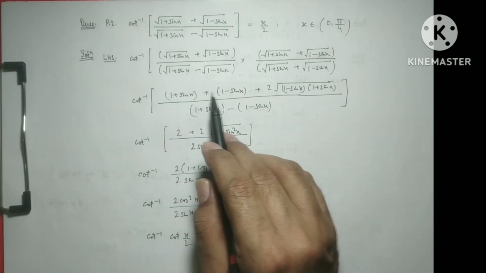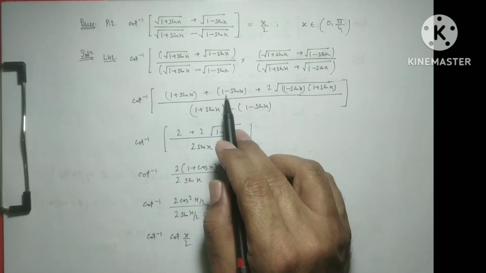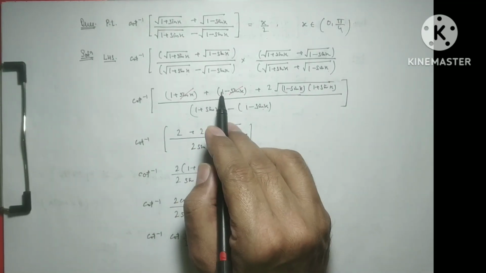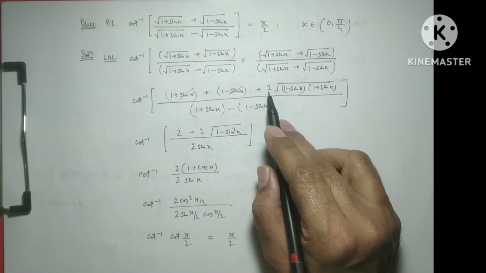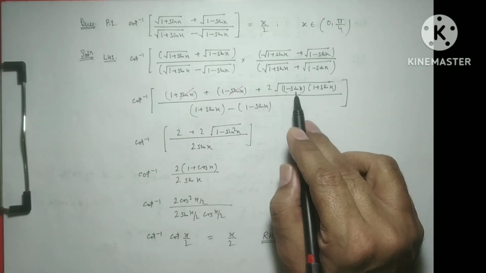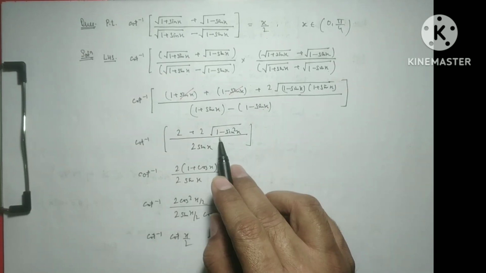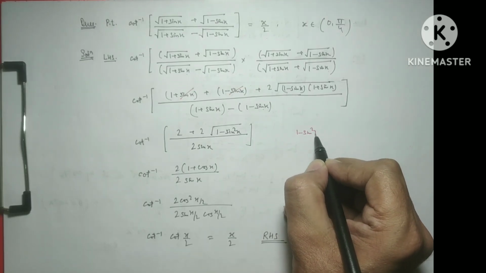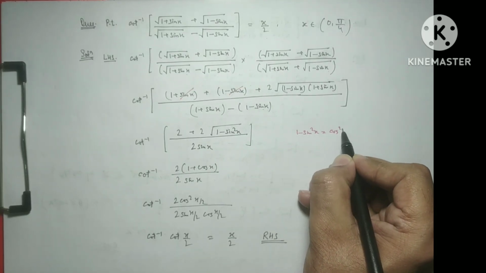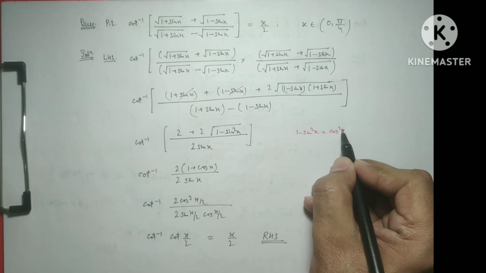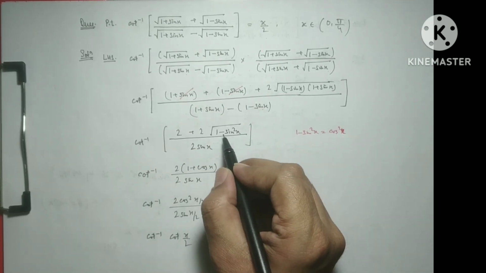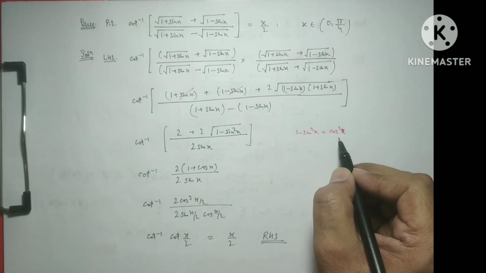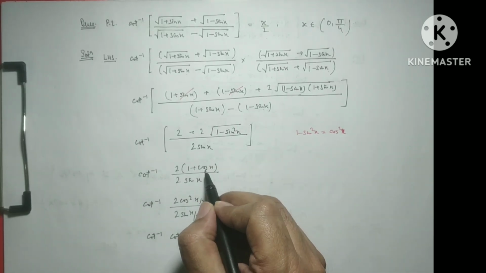And on expanding this, it is 1 plus sin and 1 minus sin, so sin and sin will be cancelled out. We have 1 plus 1, it is 2, and this is twice under root 1 minus sin square x, and 1 minus sin square x is cos square x. So when you put this value cos square x in place of 1 minus sin square x, under root and square will be cancelled out, you get cos x.